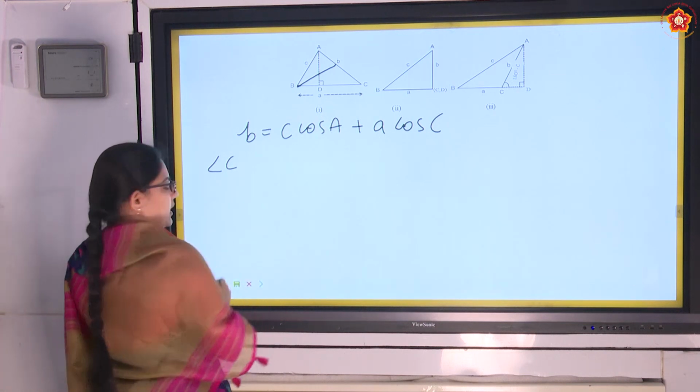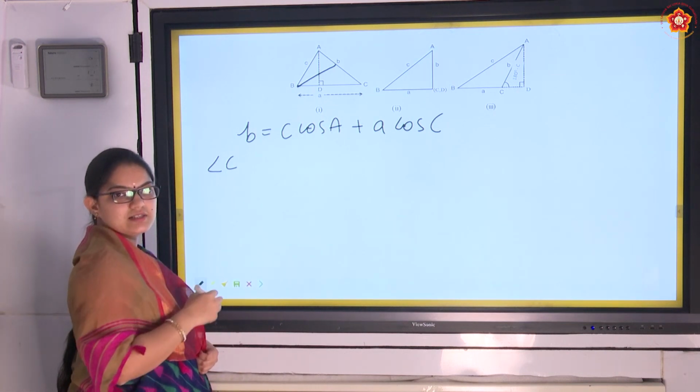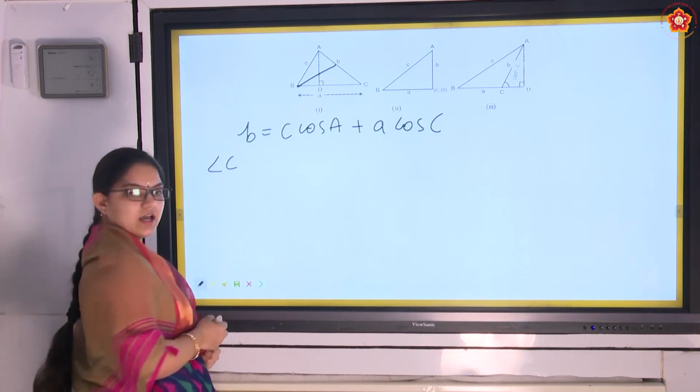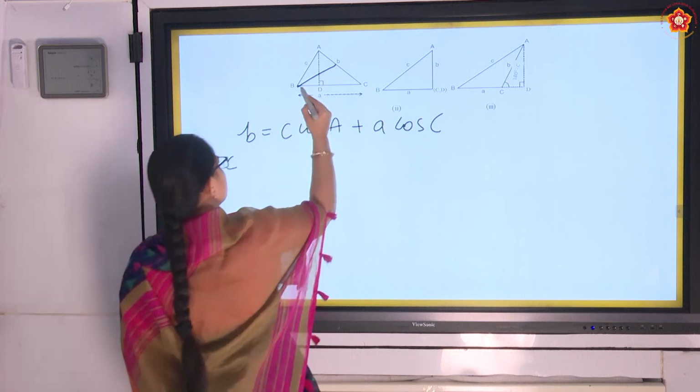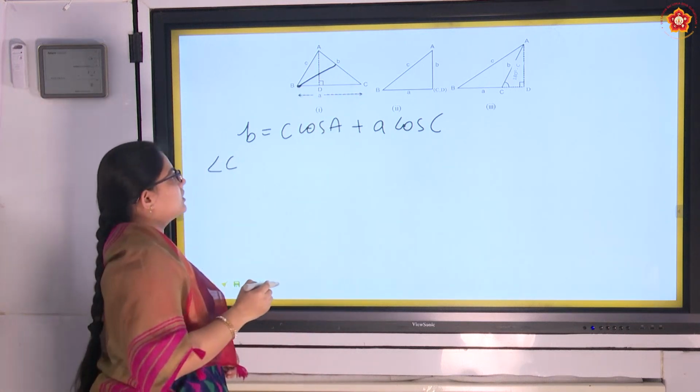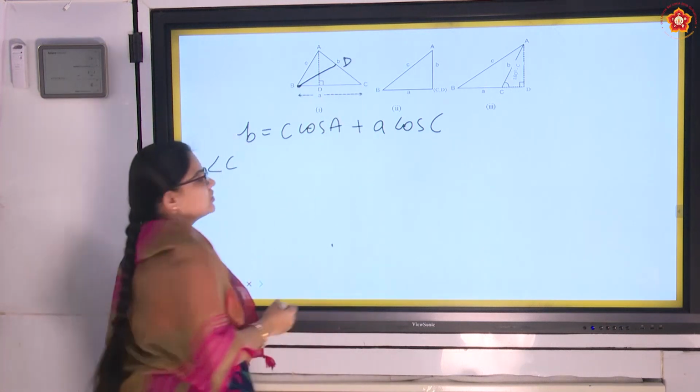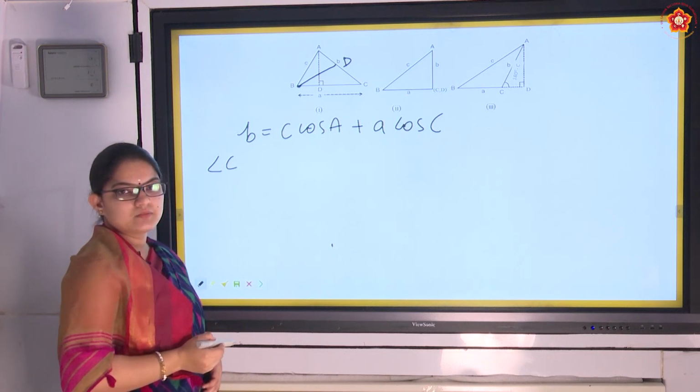That is, case 1 angle C is acute, case 2 angle C is right angle, and in case 3 angle C is obtuse angle. So what we have to do? We have to draw the perpendicular, so we get the perpendicular BD instead of perpendicular AD.